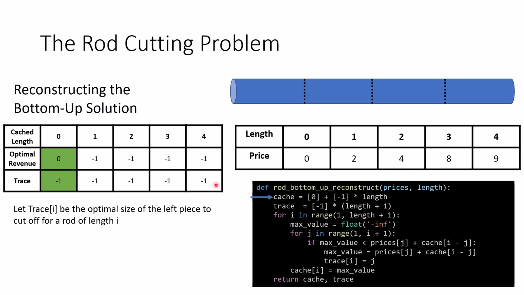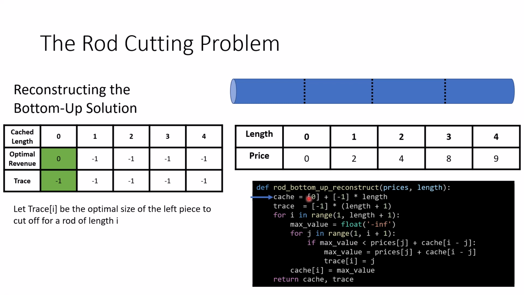And then from that, we can just go through our trace array, find what is the trace at that smaller rod, and keep on working our way down until we reach a rod of length 0, and then all the elements that we find on trace of i will tell us the positions of the rod to actually cut it at.